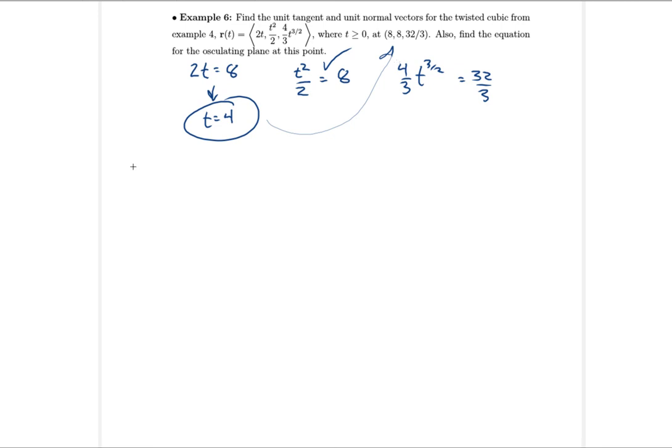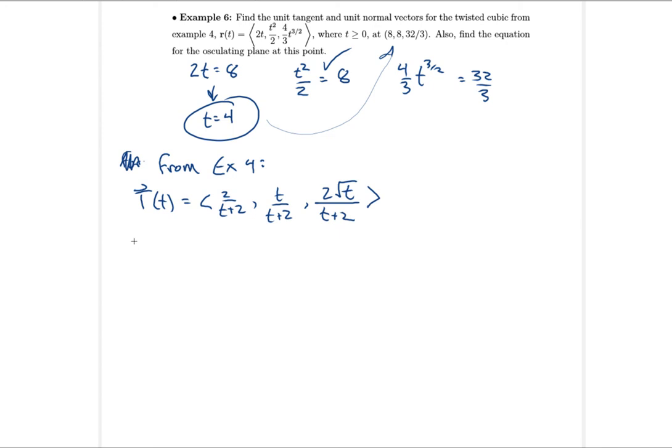So I'm going to rely on what we did earlier. From example 4, we've already done a lot of this hard work. We can see that T of t, the unit tangent, is 2 over (t plus 2), t over (t plus 2), 2 root t over (t plus 2).